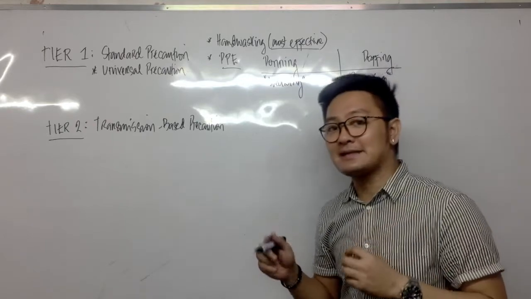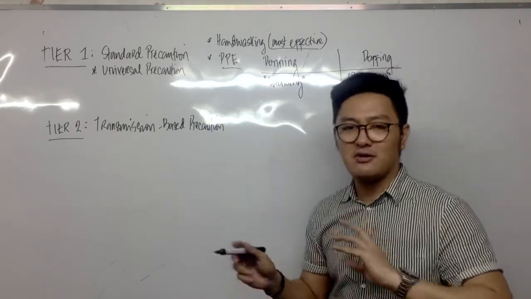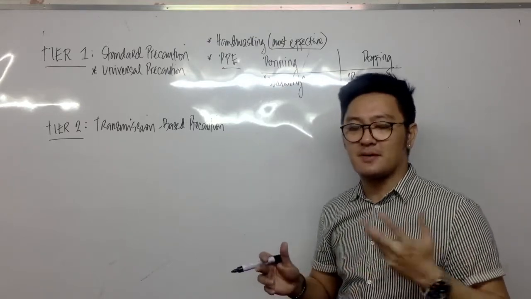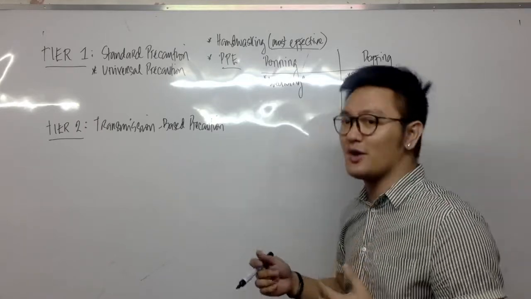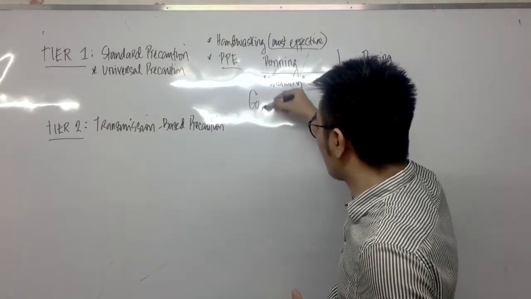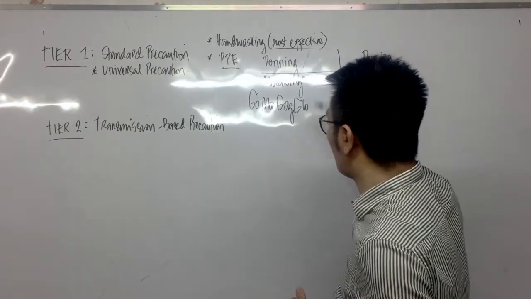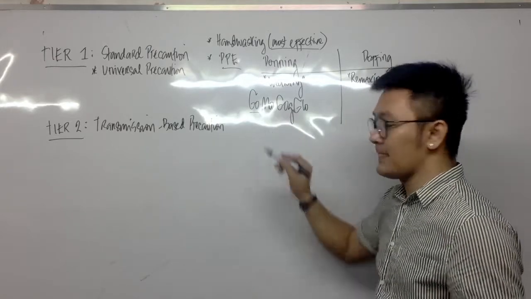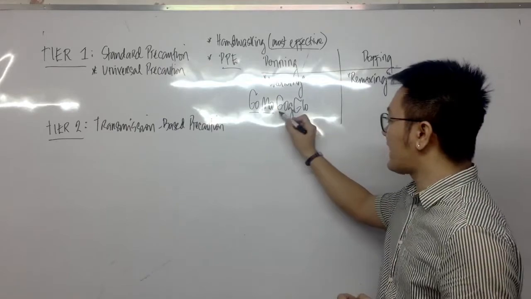Your technique in donning is go-mag-go-glow. I know you encountered this in several videos or other lecture notes. It's very common, and do not forget it. So what is this? First to wear is the gown. After gown is your mask. After mask will be your goggles.